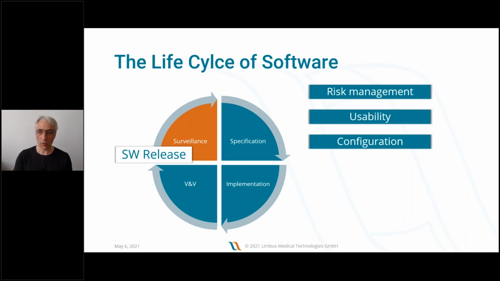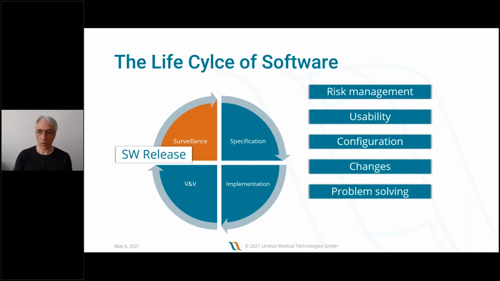You also need to perform proper management of configuration, of changes of your software, and you need to be able to handle problem solving in a transparent way. The good news is for all of these processes, there are recognized international standards that you can follow. ISO 14971 for risk management. There's a standard for usability assessment, and there are more general standards that tell you how to perform these other processes.